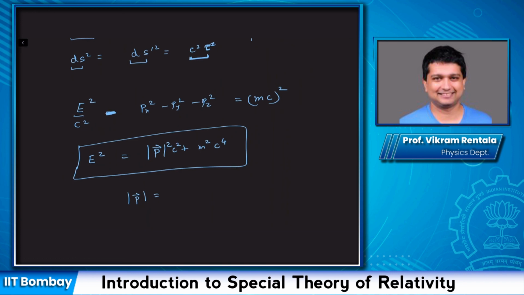So if I take px, that would be m times ux over the square root of 1 minus u squared by c square, and so on for py and pz.